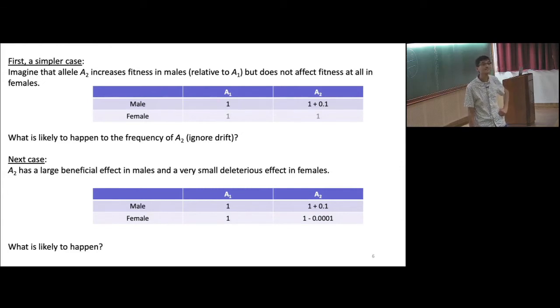Where it was zero, we all agreed selection will get rid of the alternative. So how small would this number have to be for you to give me the same answer? Only if it's 0? Any value greater than 0, you're going to tell me it's going to hang around the population?